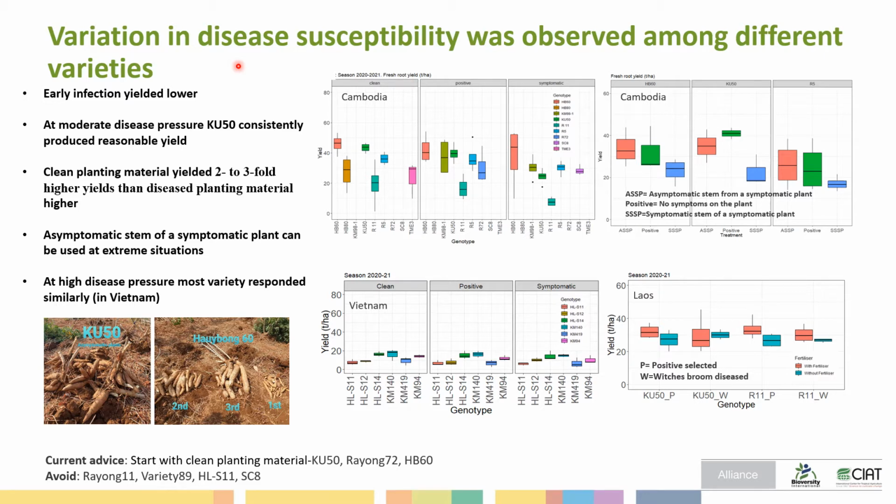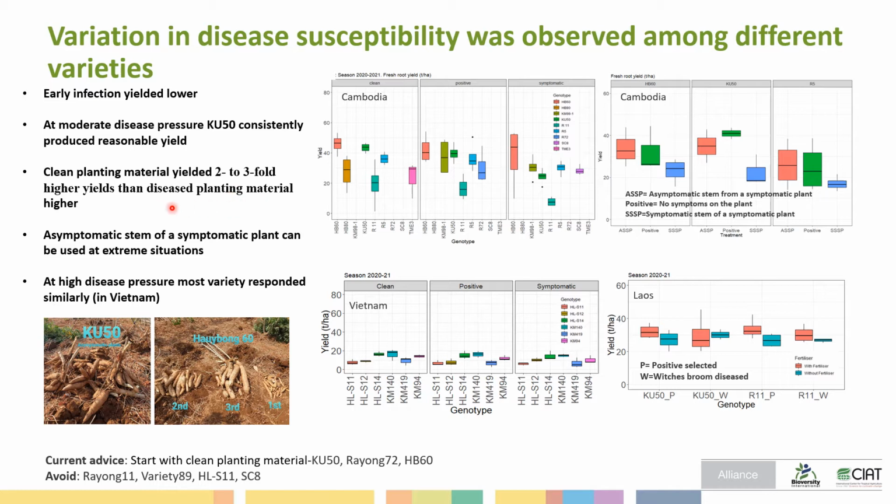For CMD under moderate disease pressure, KU50 is consistently producing reasonable yield. You can see it here. And clean planting material gives 2 to 3-fold higher yield than diseased planting material.